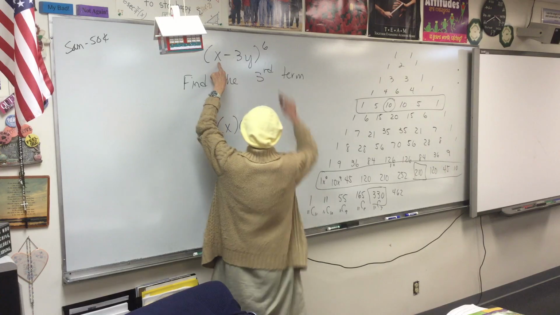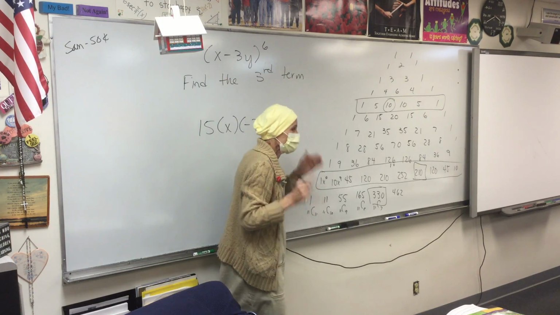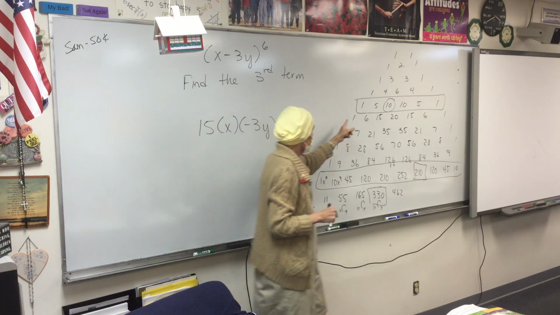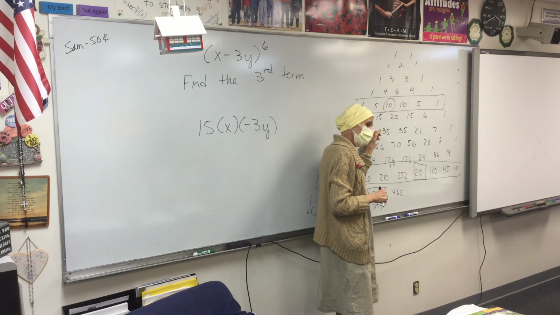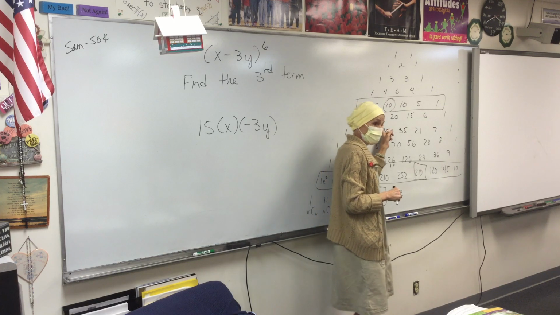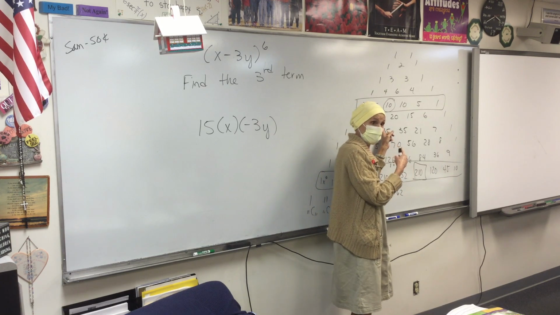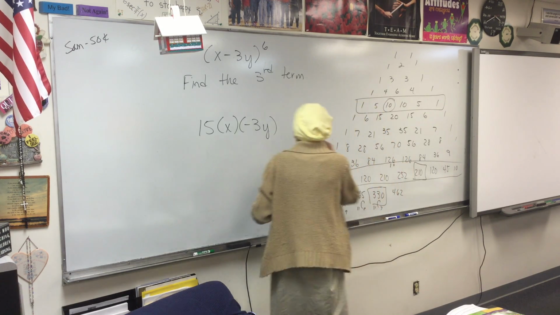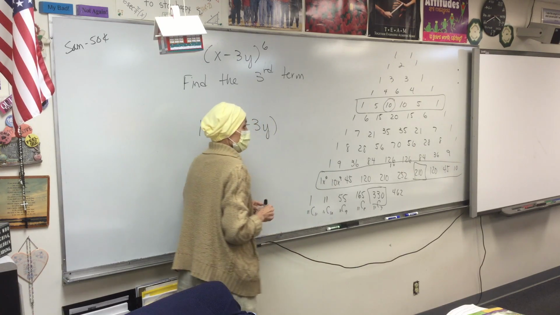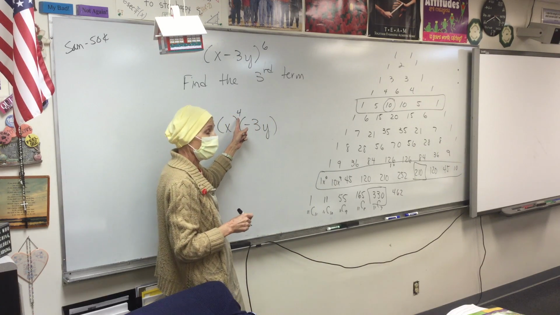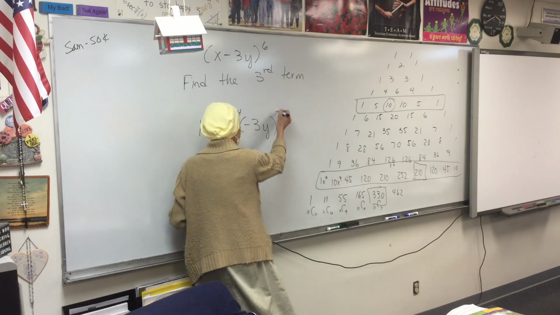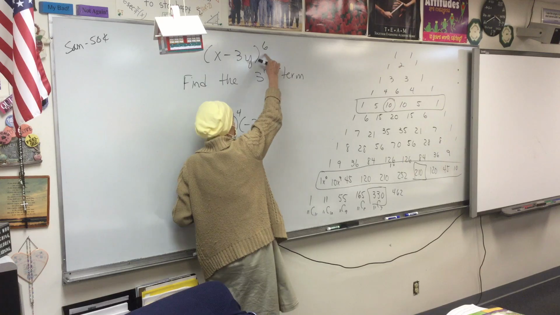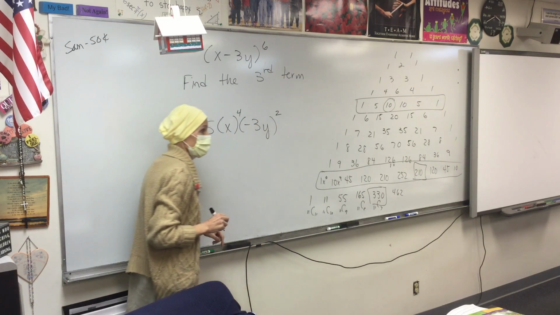Because the x's start with that number every time. So this would be x to the 6th. What would this one be? 5. And this one would be 4. And that's the one I want. So it's going to be x to the 4th. Now, if that's a 4, then what does that have to be? 2. A 2, because these have to add up to 6.